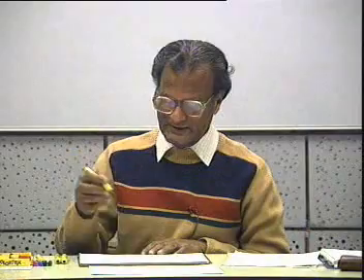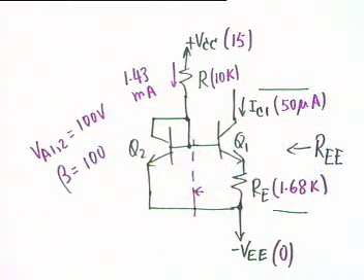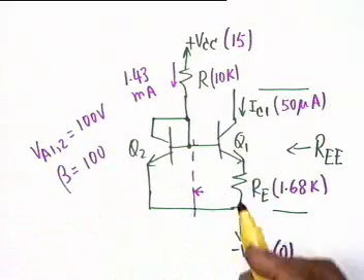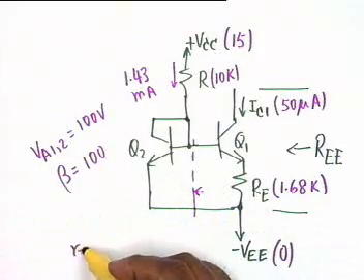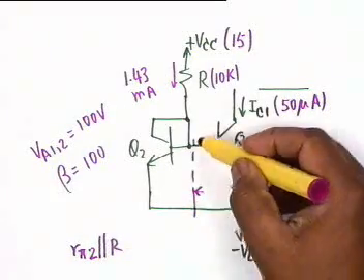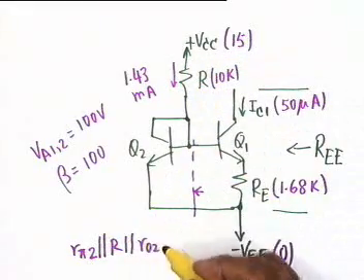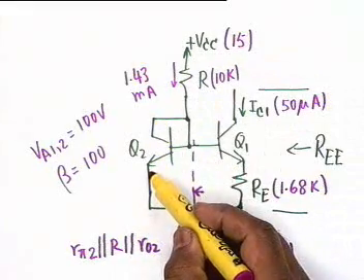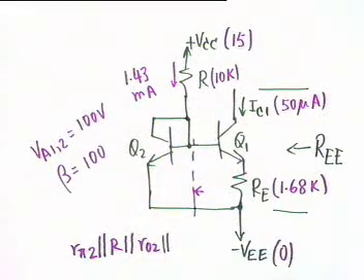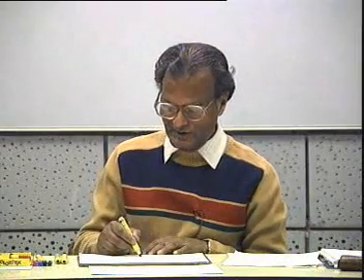Now we drew the equivalent circuit very carefully, and we saw that in the equivalent circuit the resistance offered by the left of the circuit was the parallel combination of R pi 2, capital R, and R02 because from collector to emitter, and also that GM2 V pi 2 was equivalent to a resistance of 1 by GM2.